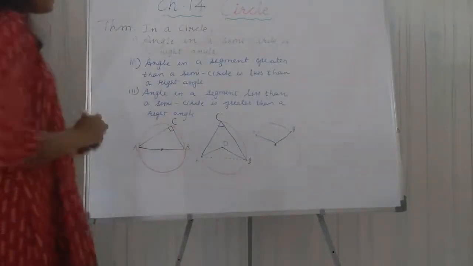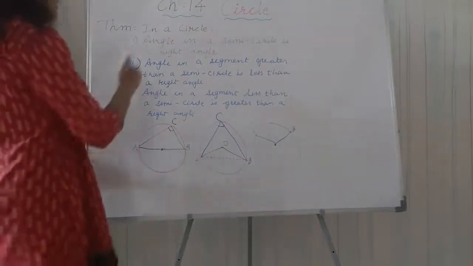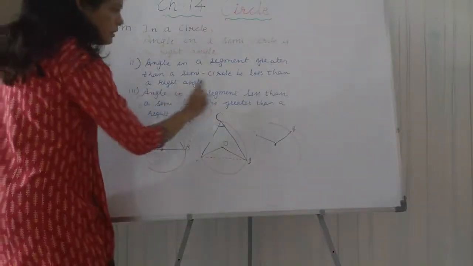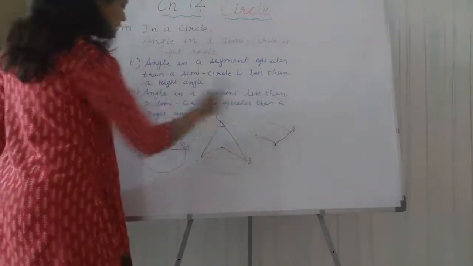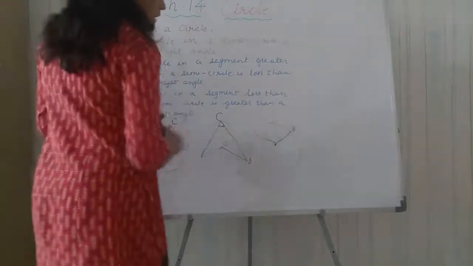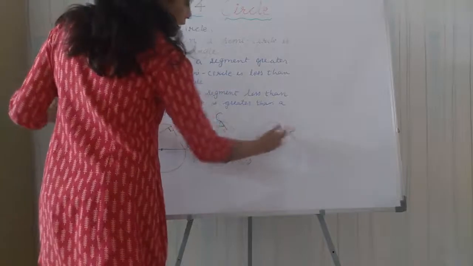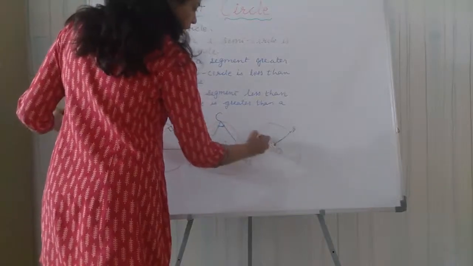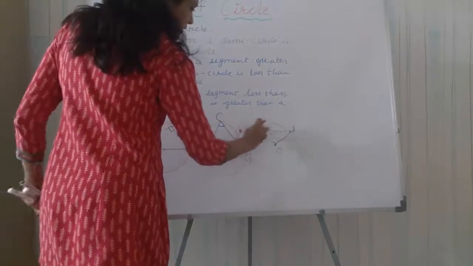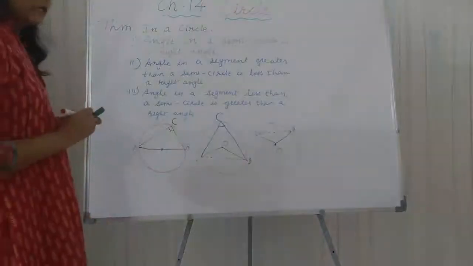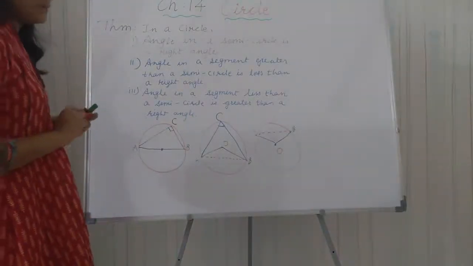And the third part, in a circle, angle in a segment less than a semicircle. You can see this is the segment. I show you again with the dotted line. I have taken center O, and this dotted line is the smaller part, you see, which is less than the semicircle.